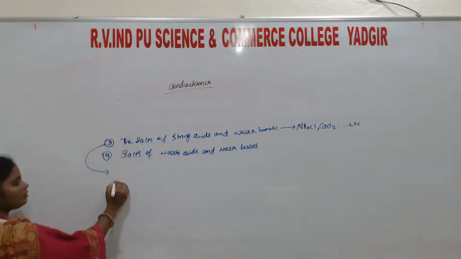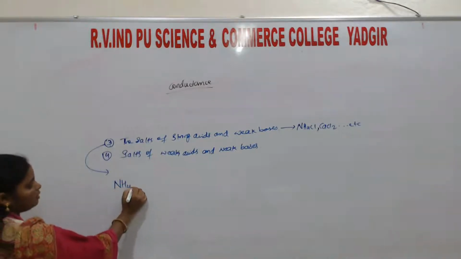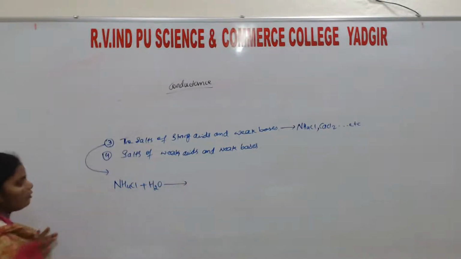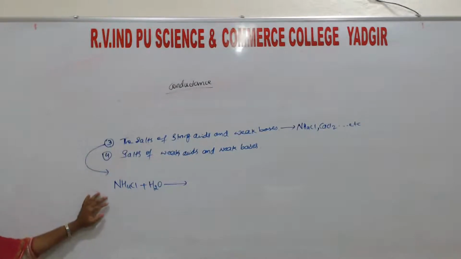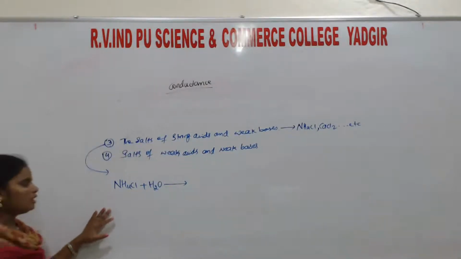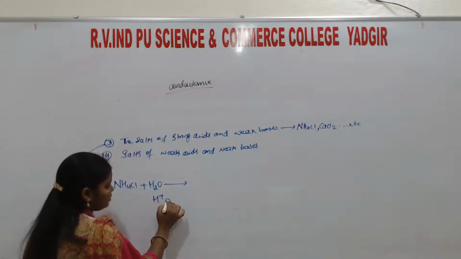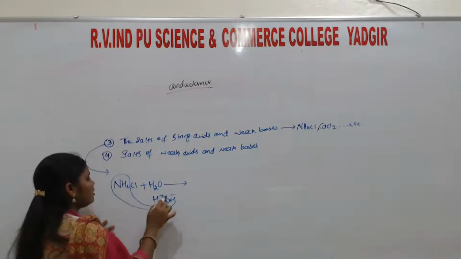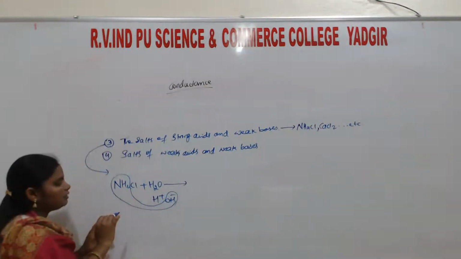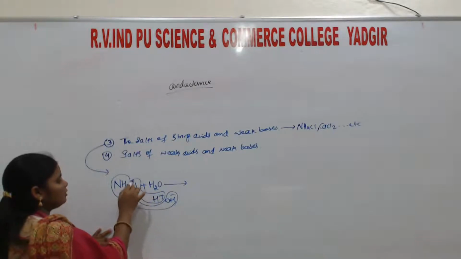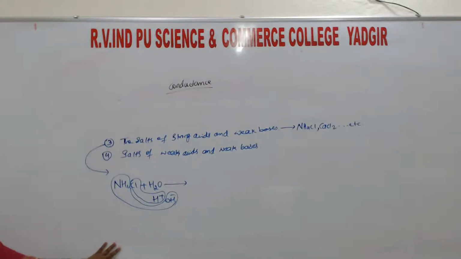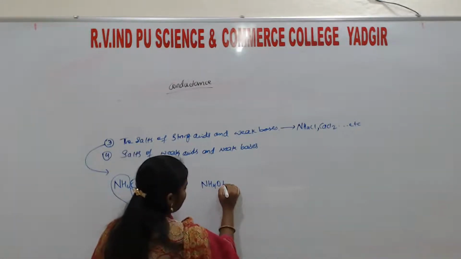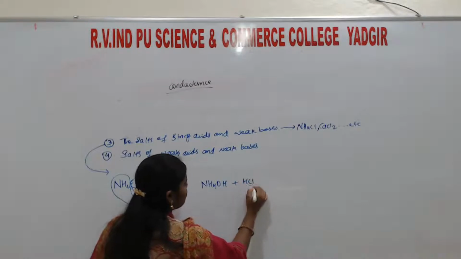Ammonium chloride NH4Cl plus H2O, the formation is ammonium hydroxide, NH4OH, plus HCl.